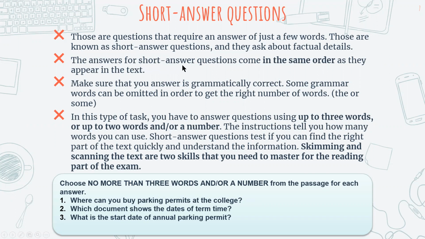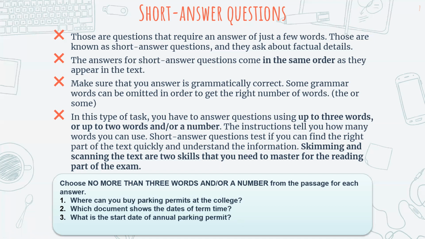The answers for short answer questions come usually, not always, but usually in the same order as they appear in the text. What I mean by that, if you find the answer to the first question in, let's say, paragraph 2, then most probably you will find the answer for the second question in the 3rd paragraph.